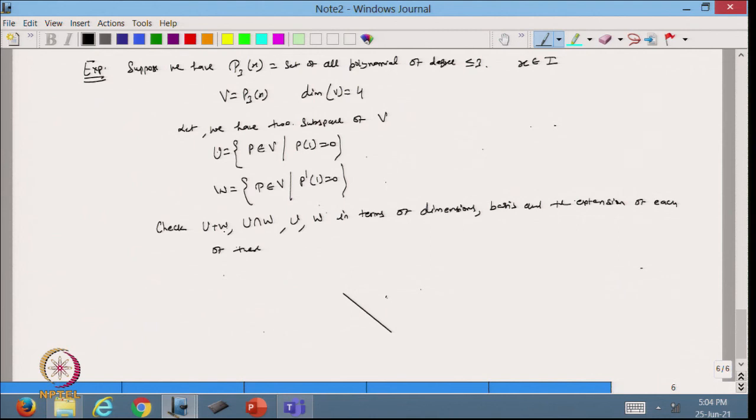Each of these bases means the basis of U plus W, U intersection W, U and W, extended to the basis of V. So first I need to find out the bases of U plus W, U intersection W, U and W, and then we have to write their dimensions, and then we should be able to extend these bases to the basis of V. So that is the question.